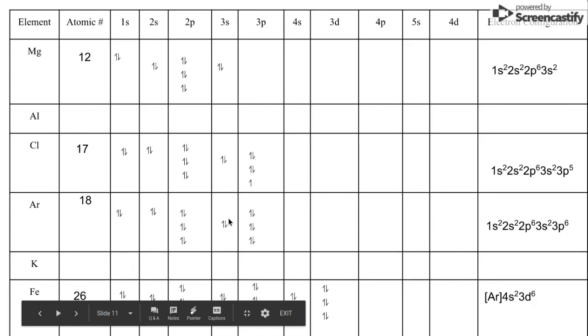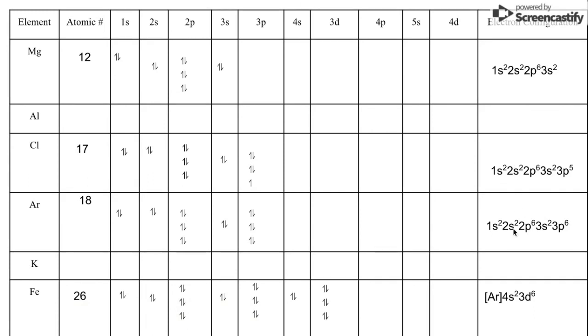Argon, everything is the same up to right here, this 3p. The only ones I need to add are 2 in the 4s orbital and 6 in the 3d. So I write 4s2, 3d6, and that's the abbreviated version. I could do the abbreviated version for magnesium, chlorine, and argon as well.